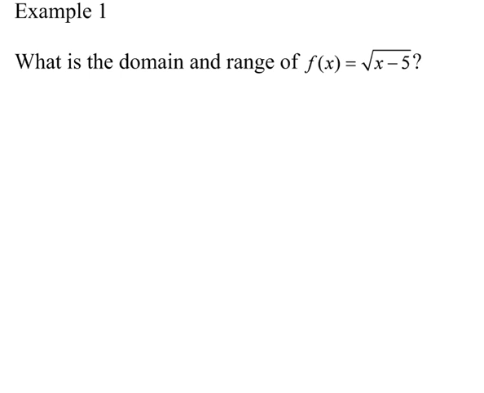Alright, so as our first example here, we're being asked, what is the domain and range of f of x equals radical x minus 5? So we have a radical function here, and that's important to note. This is a radical function because we have a radical sign.